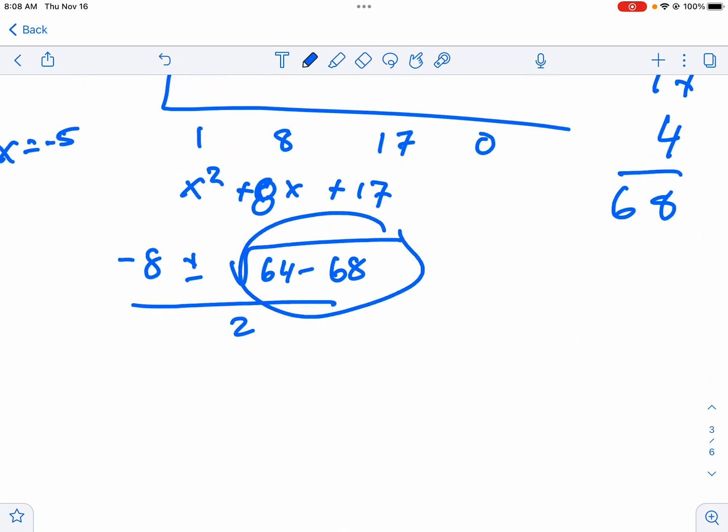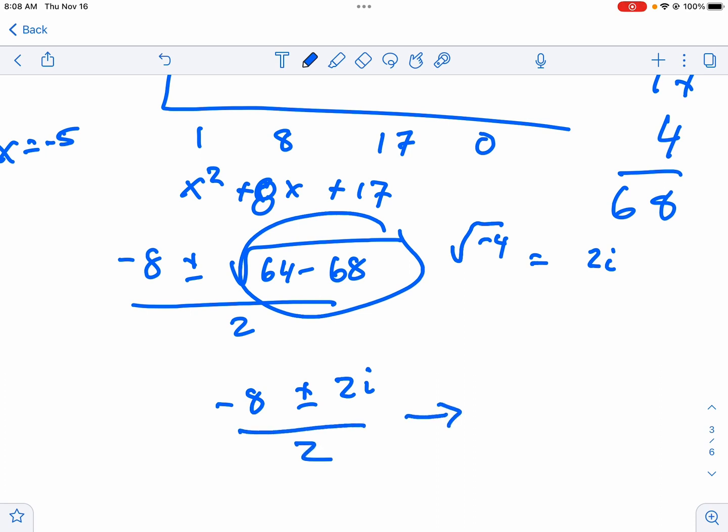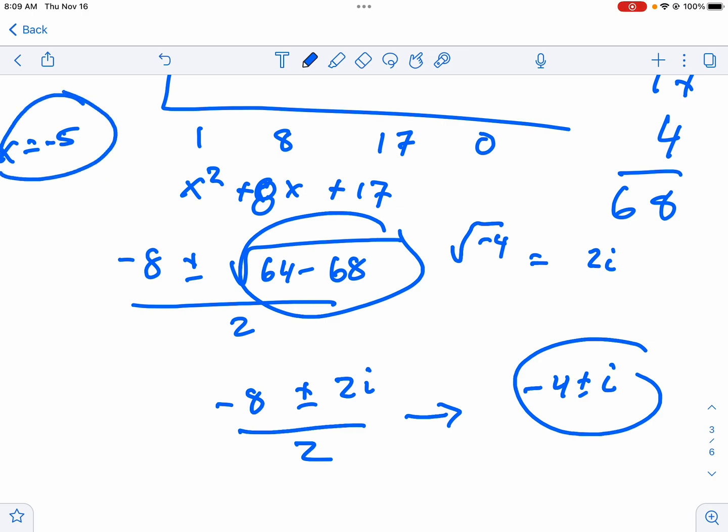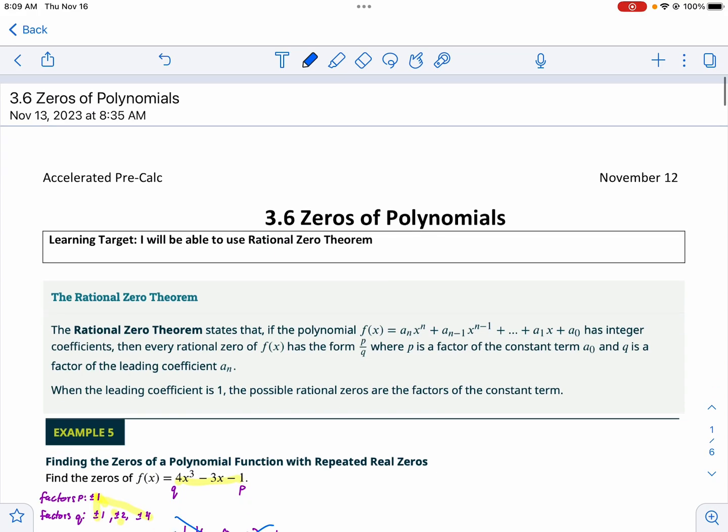And then this is going to be the square root of negative 4, which we know is 2i. So we have negative 8 plus minus 2i over 2. Reduce this down to negative 4 plus minus i. So that's 3 roots. That's how you do it using the P and Q system.